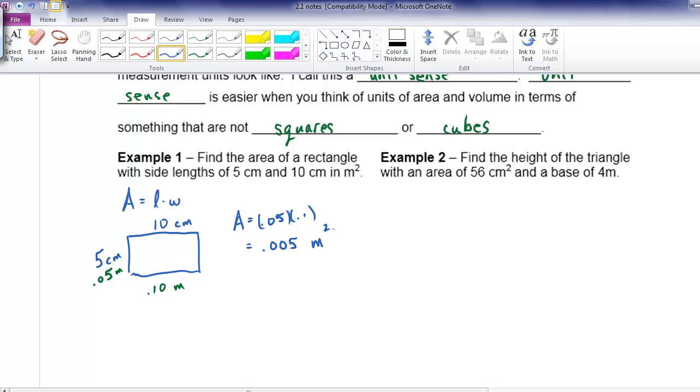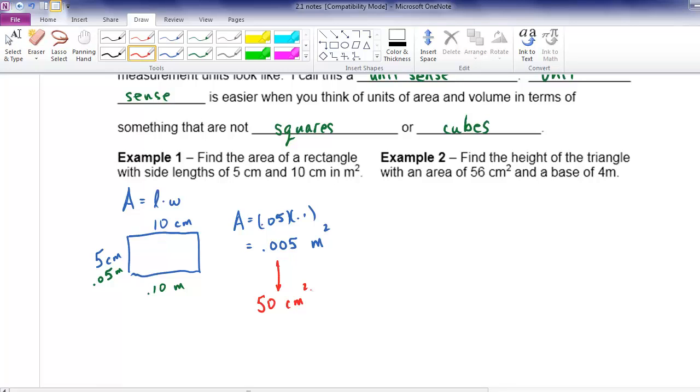And if we just did our quick calculation in centimeters, what we know is this equals 50 square centimeters. So again, there's this unit sense, how the numbers relate to the units.